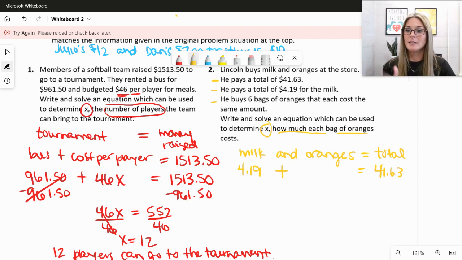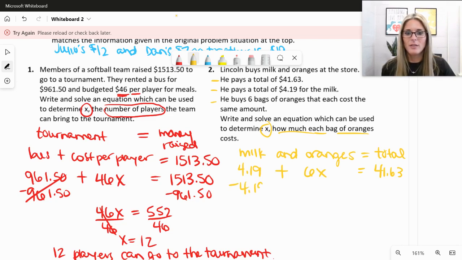Now, he bought 6 bags. Each bag cost the same amount, which they used for our variable X. 6 bags, each cost X amount of dollars. So we have 6 times X. Here's our equation.